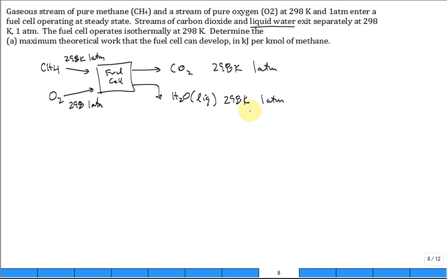Can you have liquid water exit at 1 atm, 298 Kelvin? Yes, it's possible. So that's a black box for a fuel cell.